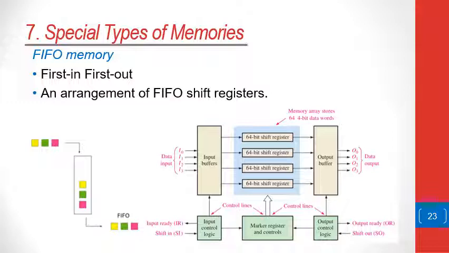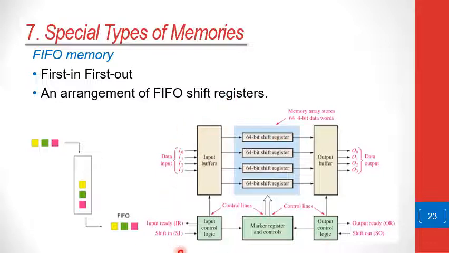It's an arrangement whereby the first bit to get into the memory will be the first one to come out. So the first bit to come into the memory will be the first one to get out, and then they follow each other that way. So it's a special type of memory, and it's made up of an arrangement of shift registers, that is FIFO registers.